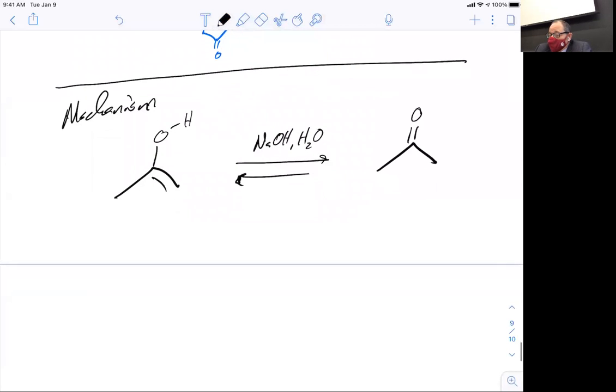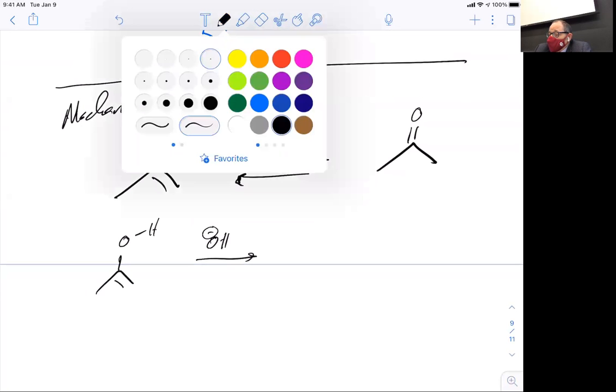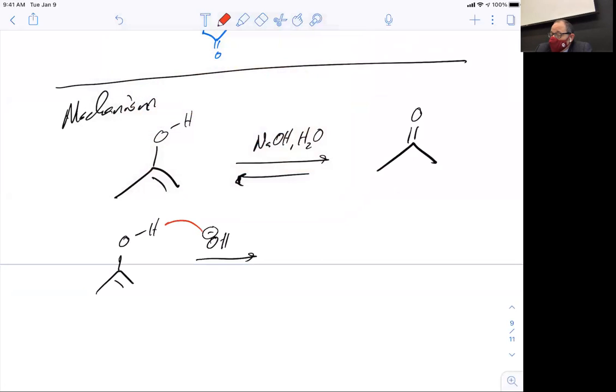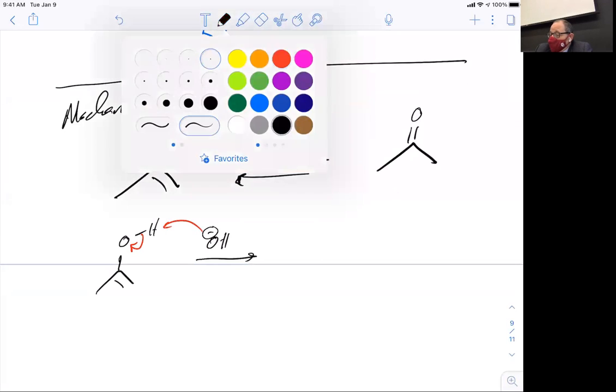Okay, let's go ahead and take a look. So first, I'm going to do an extraction with the base. That's going to give us the oxygen negative.